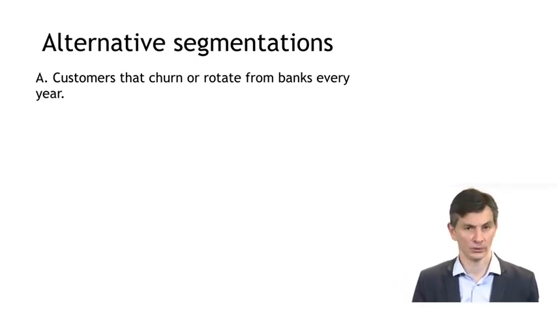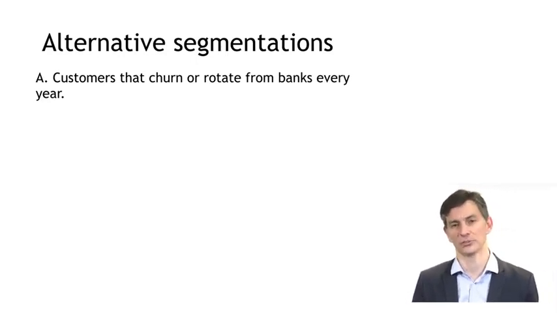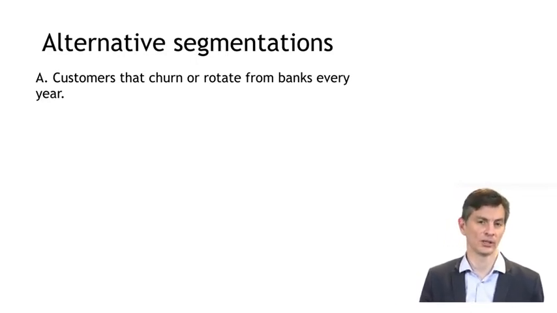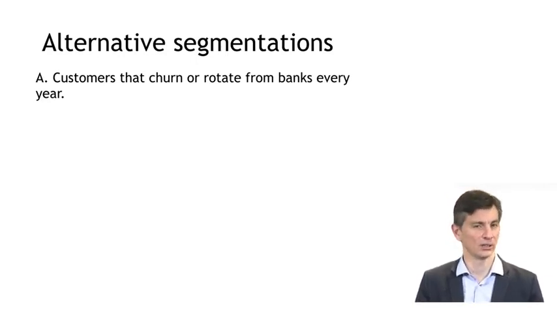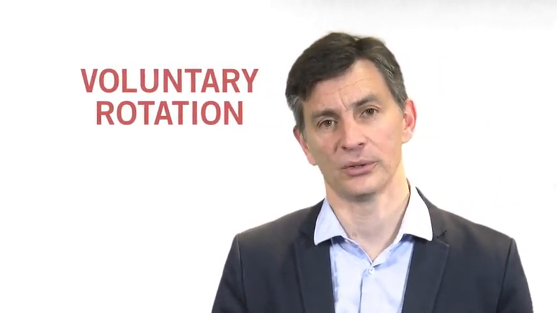This will be a behavioral-based segmentation, but certainly you're not interested in every customer that actually switches banks. For one, half the rotation is voluntary and the other half is involuntary. What customers out of this 11% do you wish to have? If you have suggested the voluntary rotation, that's probably the right answer.